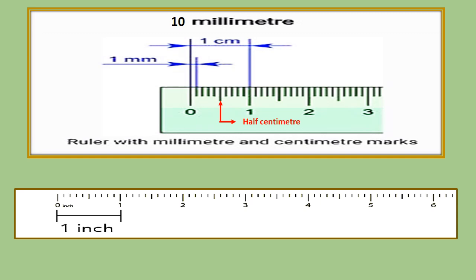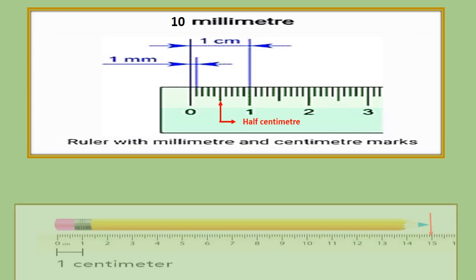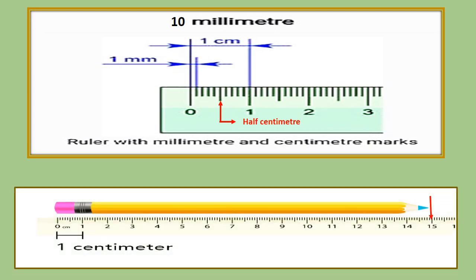Now, let's measure the length of the pencil. Children, align the first end of the pencil with the line that represents 0 and then read the centimeters and millimeters where the other end is. The other end of the pencil is at 15 centimeters. So, the length of the pencil is 15 centimeters.